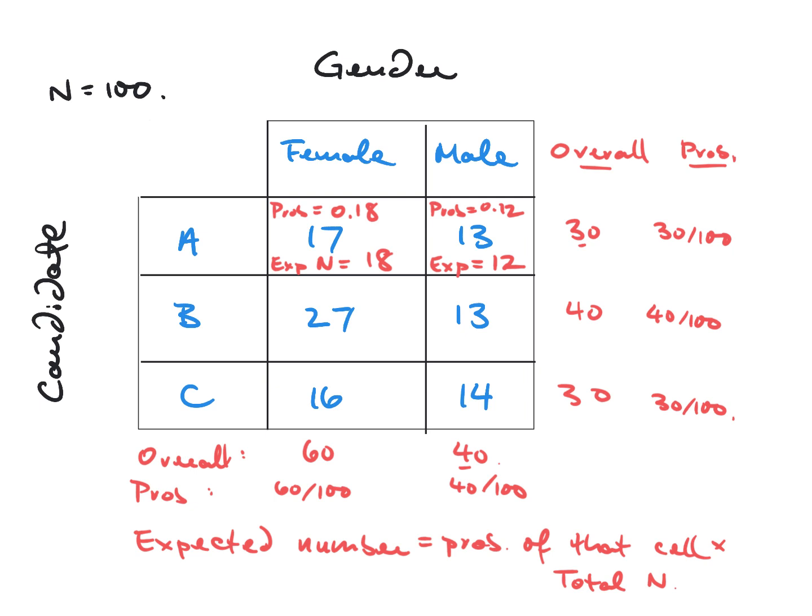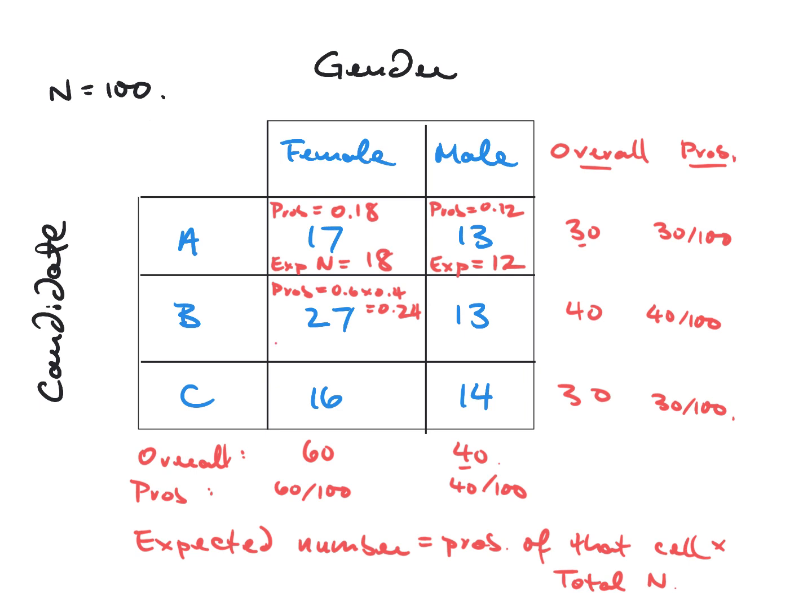Okay, then candidate B. If the null hypothesis is true and gender and candidate preference are independent, we expect the probability that someone is female and likes candidate B to be equal to 0.6 times 0.4 equals 0.24.